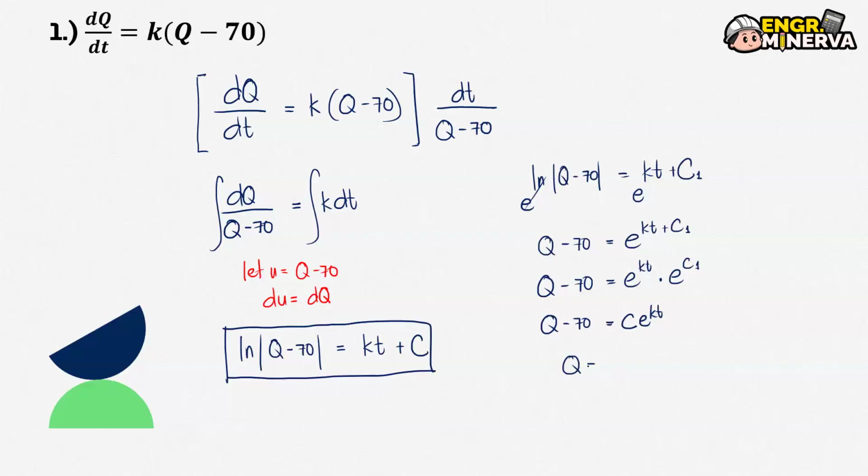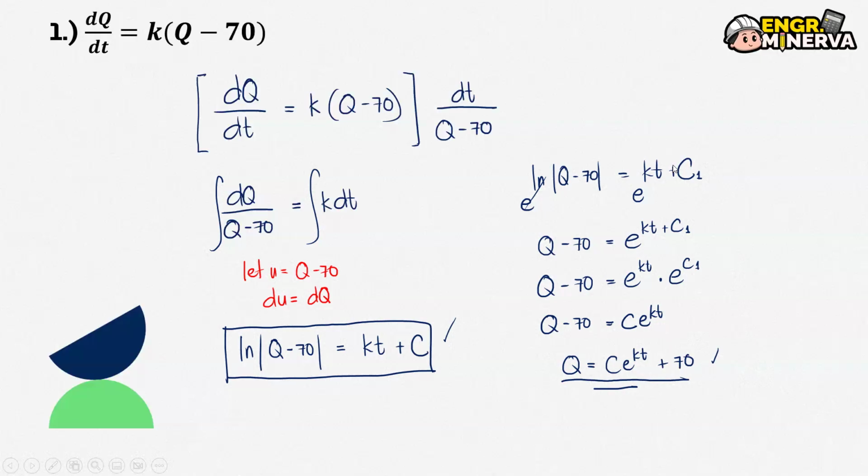By transposing the negative 70 to the other side, I have the explicit solution for our differential equation, that is q equals c e raised to kt plus 70. So that is our answer. This is the implicit solution, and this is our explicit solution.